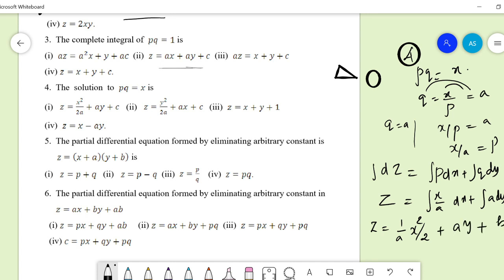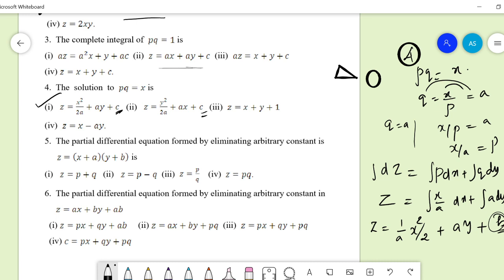Either you can add b or c. Here they are adding the constant as c. So we simplify this expression as x square by 2a plus ay plus c. Instead of b we can use c, that is a mere constant. So the first one is our answer.